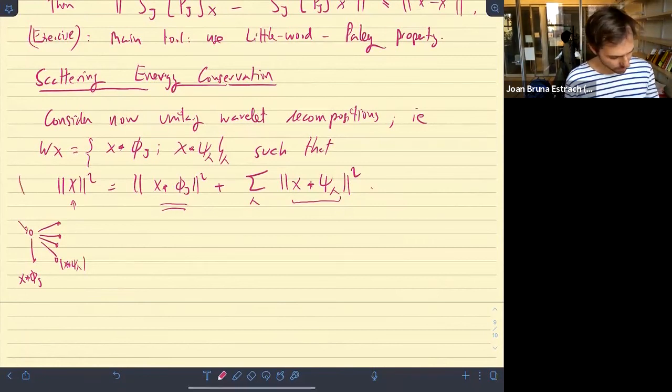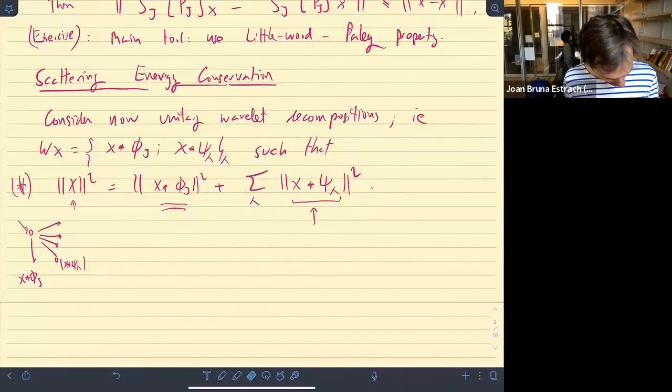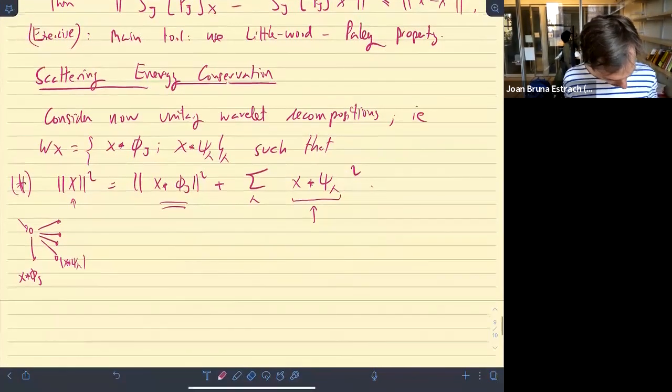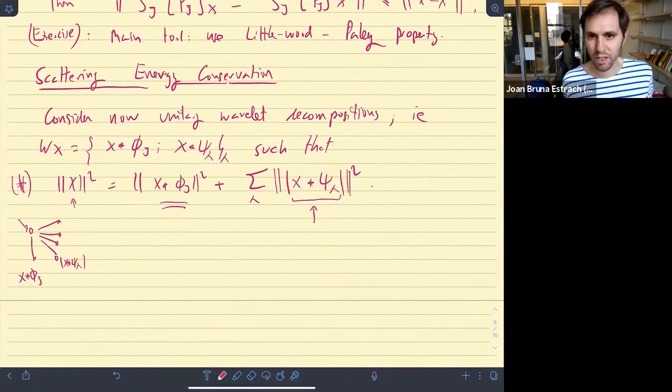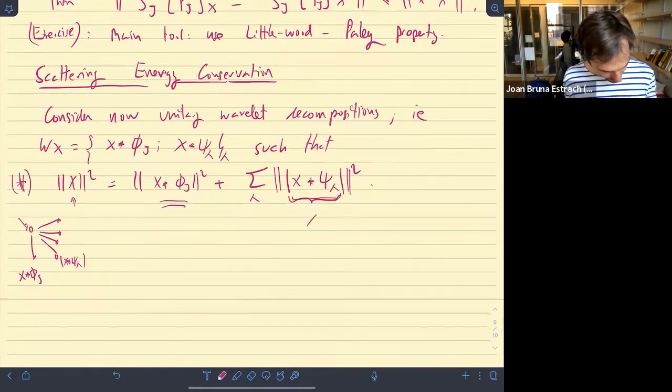But now if we look at this formula, we can reapply our Littlewood-Paley transform in each of these terms. You allow me to write it as the modulus and then the norm. By putting the modulus here, I don't change the norm. If I call this signal x lambda, I have the same thing again.